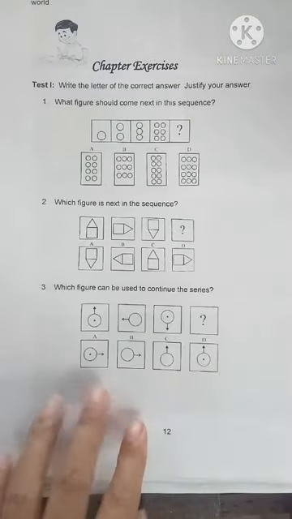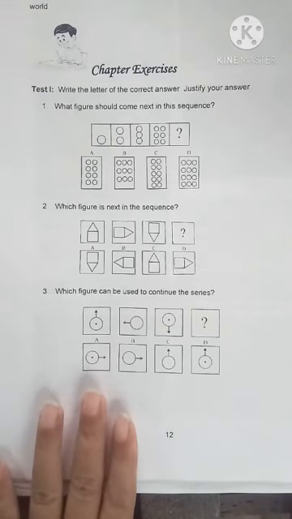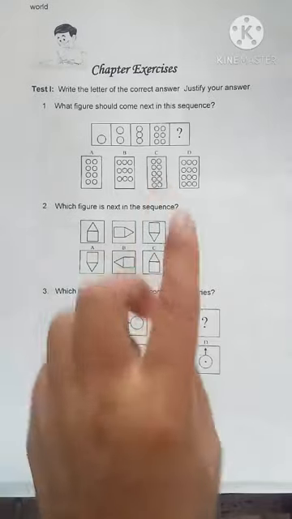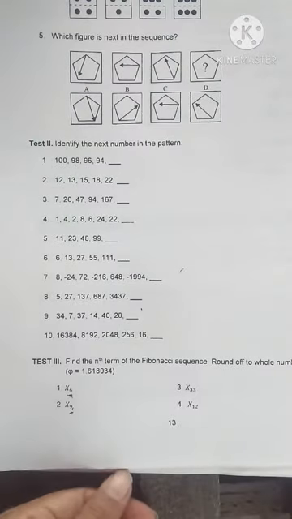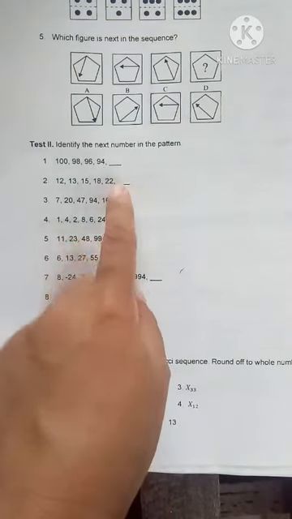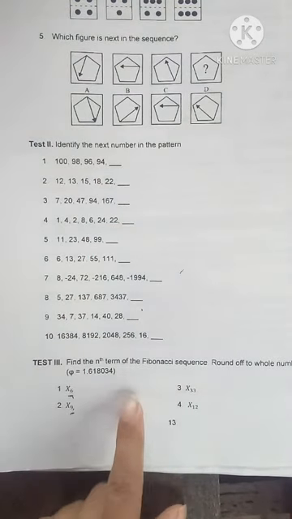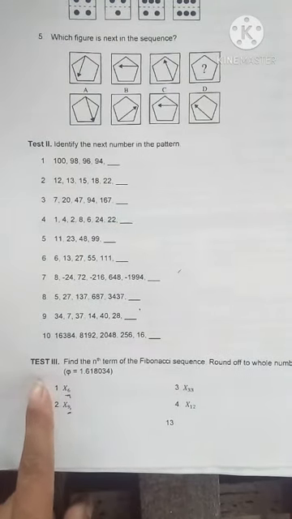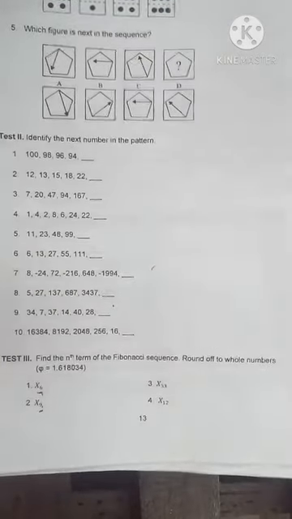So here, you just have to figure out what is next in the sequence. So just write the letter of your answer for test 1. And then for test 2, identify the next number in the pattern. So same, you just have to look for the pattern and then identify what should be next here. For test 3, find the nth term of the Fibonacci sequence, round off to whole numbers.